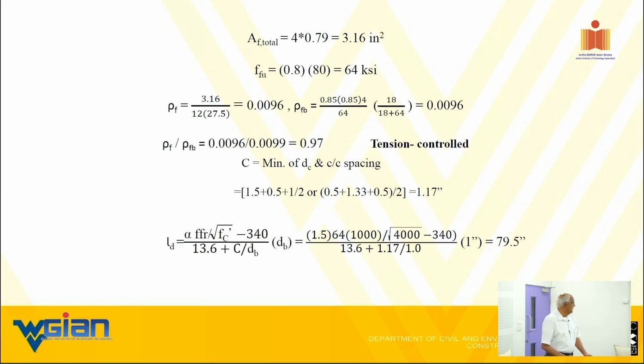And again, this is the formula. We substituted all the values. So we got a much higher value; previously it was about 63 inches, now it is about 79, 80 inches. That falls in line with what you expect as a common sense type thing. The numbers you may not know, but it had better be higher for tension control than for compression.